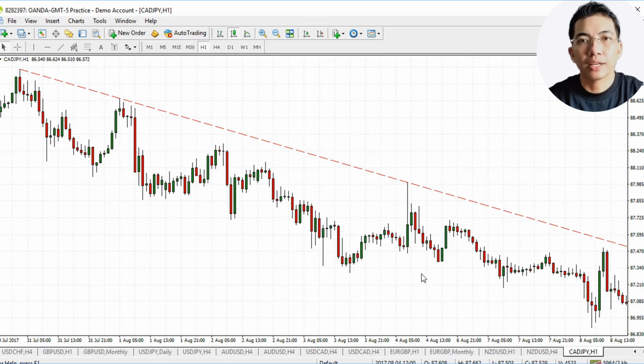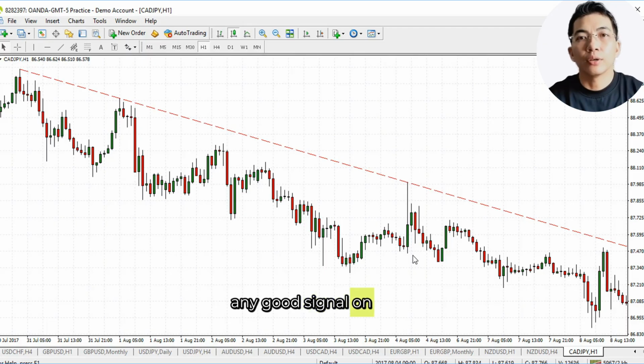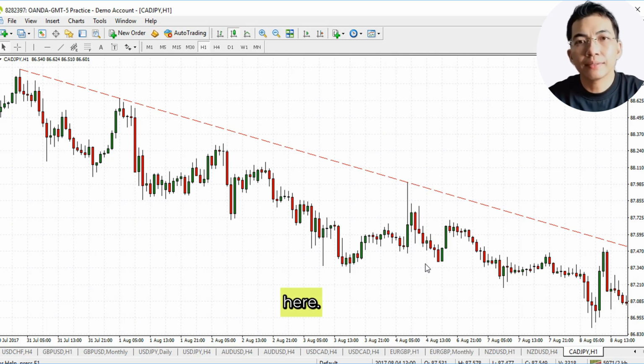So the first time I considered a short position was here, because you can see that the price hits the trend line and then goes back, so sellers were quite strong by the end of the session. But I couldn't find any good signal on the market. Maybe this one that is a bearish engulfing pattern, or here a shooting star, but they are quite far from the downtrend line, so I missed the chance here.